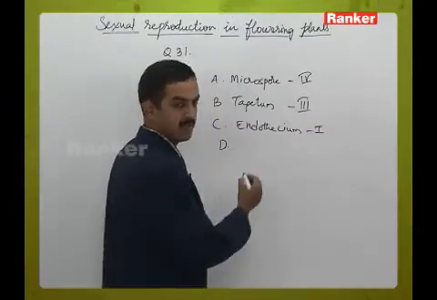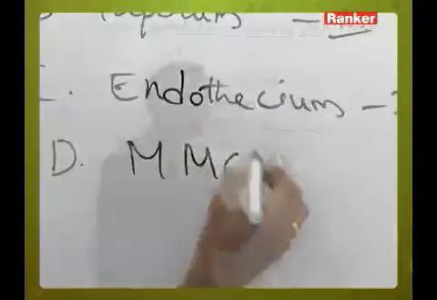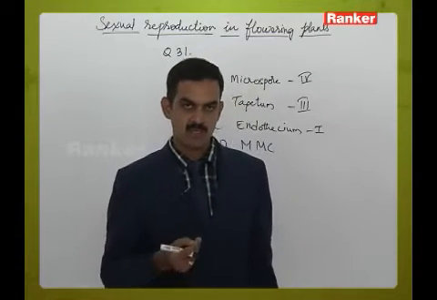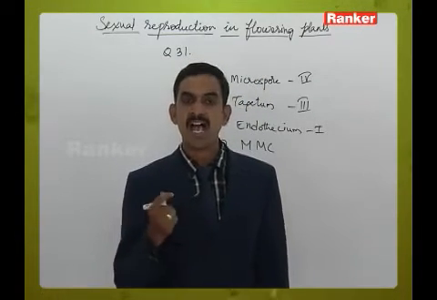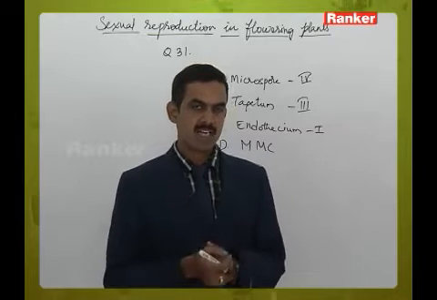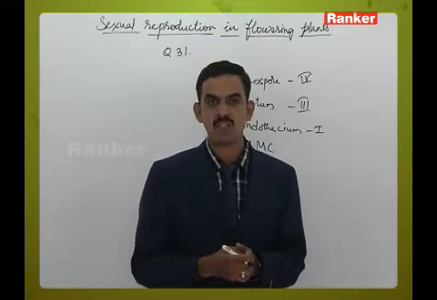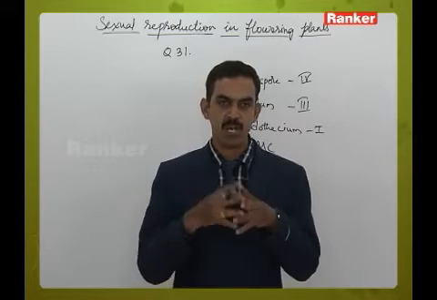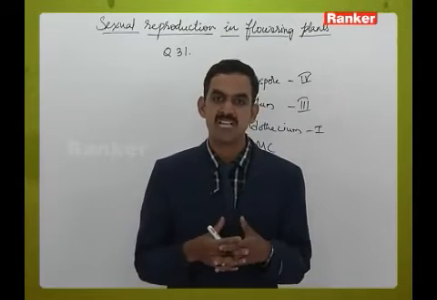And D is microspore mother cell. Microspore mother cell is the mother cell of microspores, which is diploid in condition, and this microspore mother cell, otherwise called pollen mother cell, will undergo meiotic division. Any cell which is undergoing meiotic division we call a meiocyte.